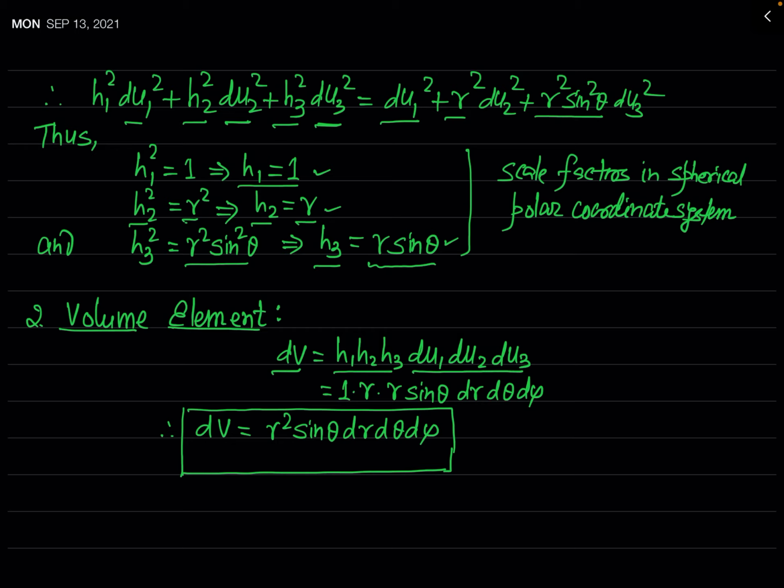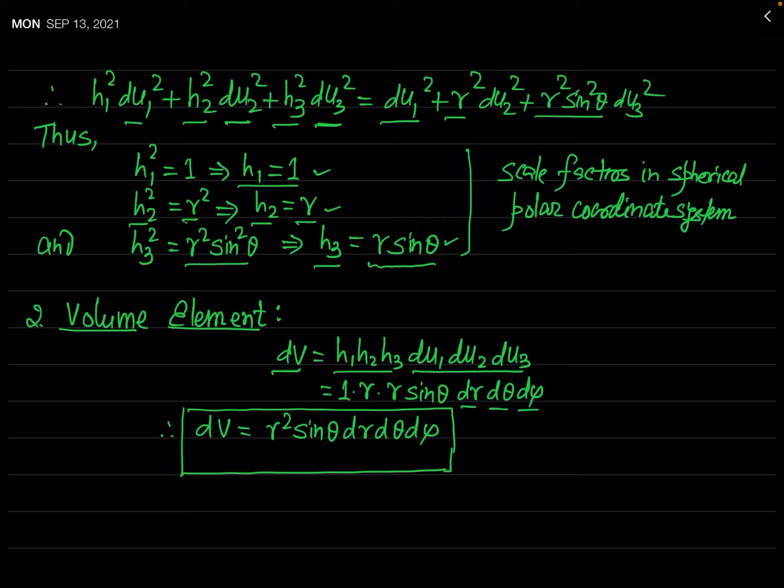And here u1, u2, u3 are r, theta and phi. So what will this be? This will be 1 into r into r sine theta into dr, d theta, d phi. So dV is r square sine theta dr, d theta, d phi.